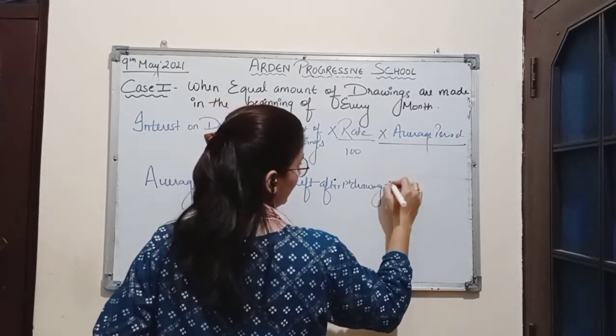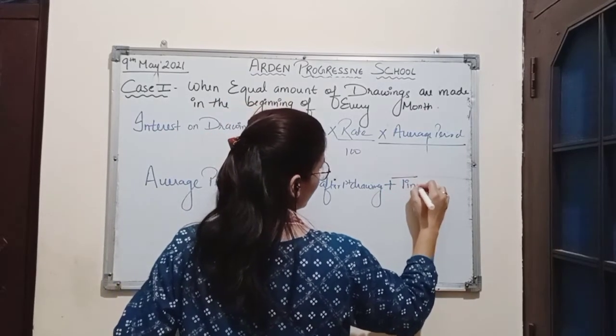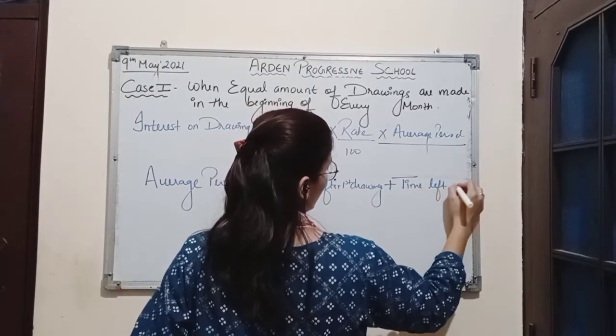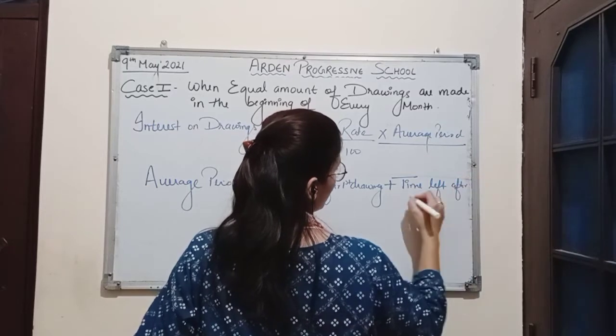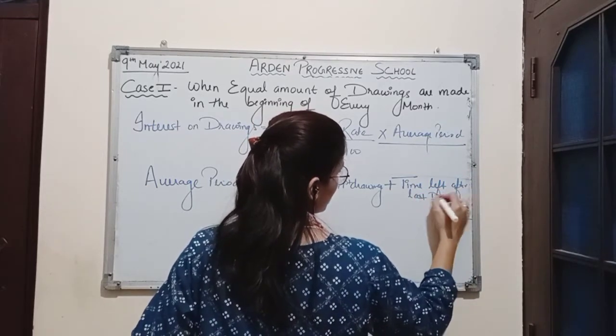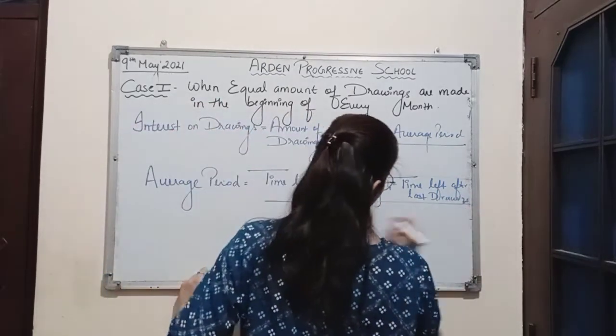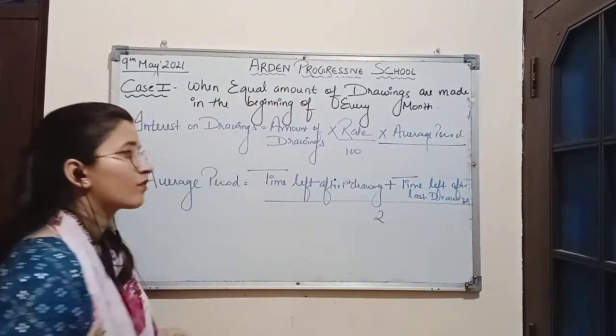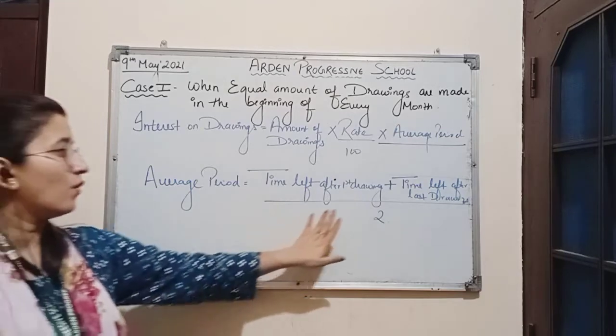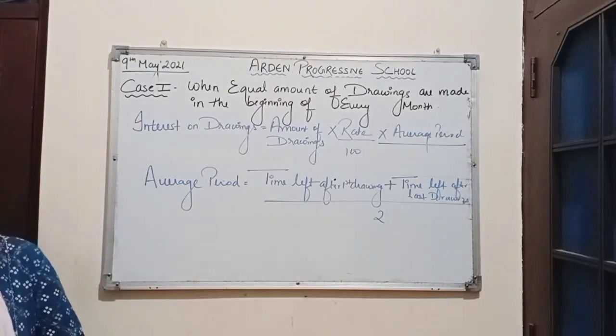Then we will add the time left after the last drawing, divided by 2. So this is how we will calculate the average period.